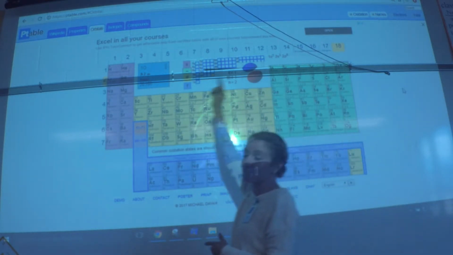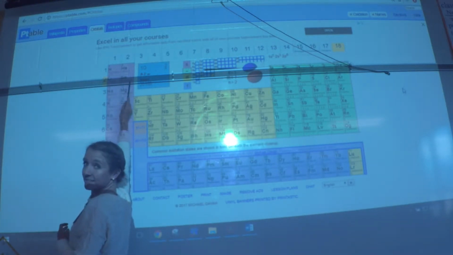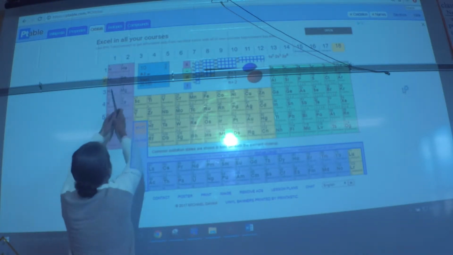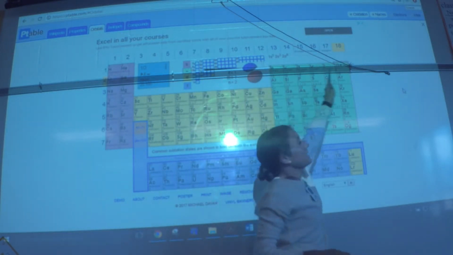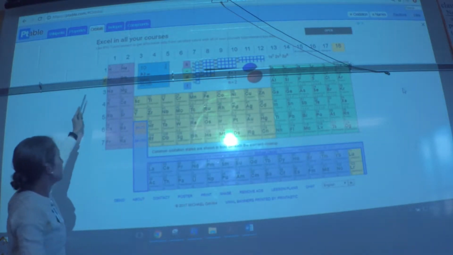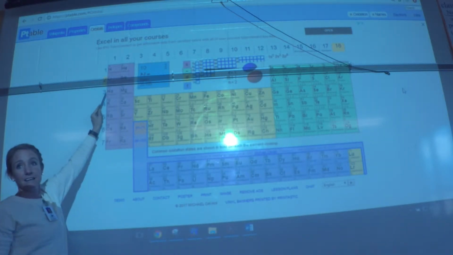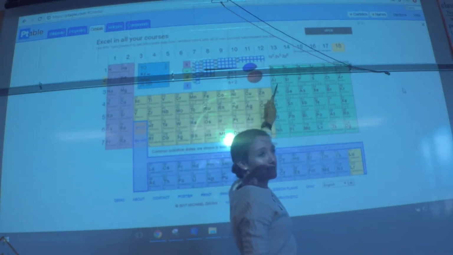So then the next room that gets filled would be 2S. Okay, after the 2S room gets filled, then we come to the 2P. After the 2P gets filled, we'd come to the 3S. Then we'd come to the 3P.